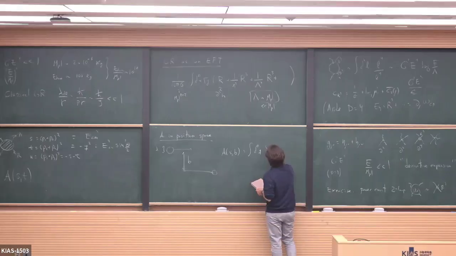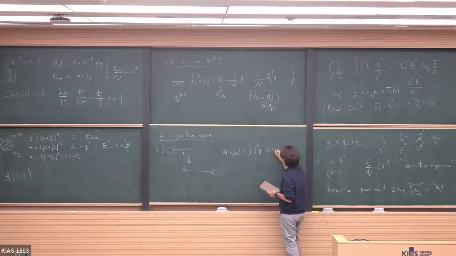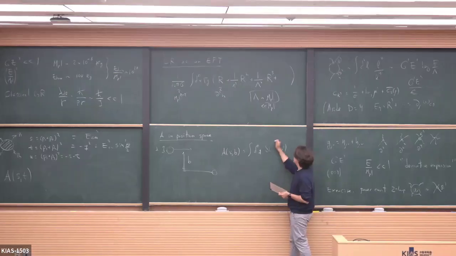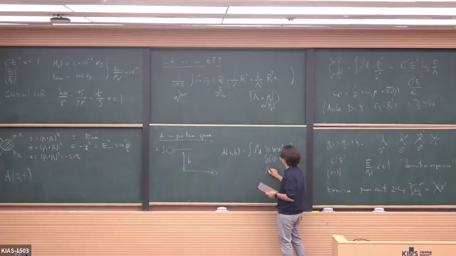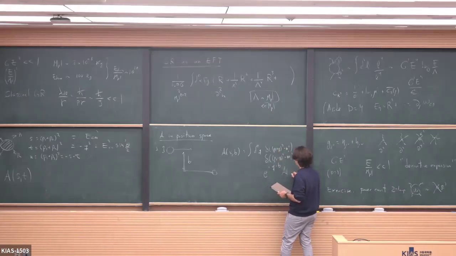So the on-shell condition of P4 would be P4 squared minus m squared, which is the same as (p1 plus q) squared minus m1 squared, and now we'll have the same for P3, (p2 minus q) squared minus m2 squared. And then I have just e to the i q dot b, and then the amplitude as a function of s and t, which is minus q squared.